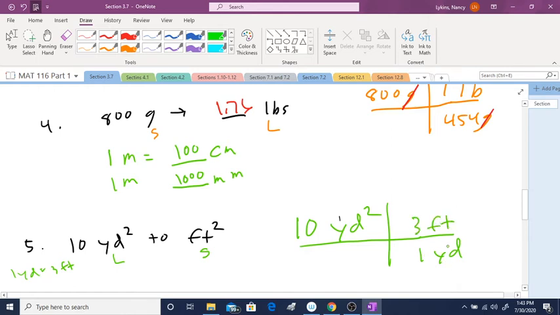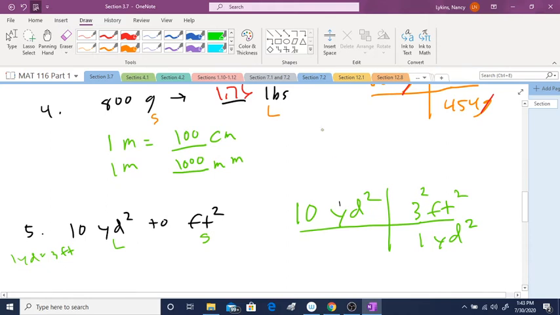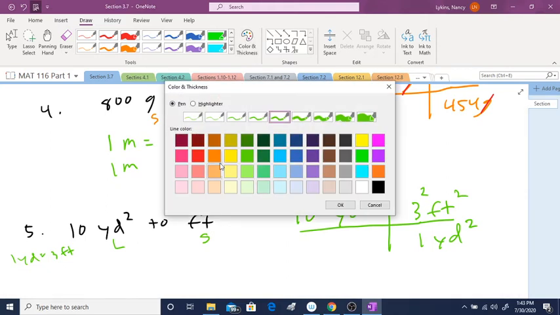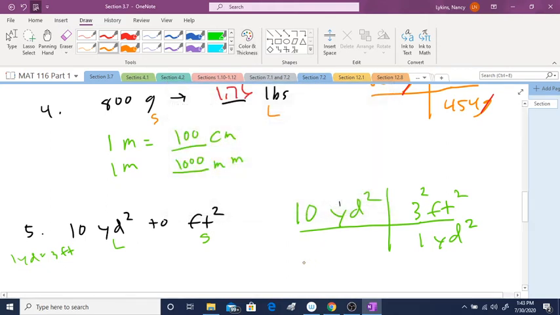But if you square it, you square the feet and you also square that 3. So what this turns into is 10 yards squared, 1 yard squared, and then that 3 squared is 9, so it's 9 feet squared.